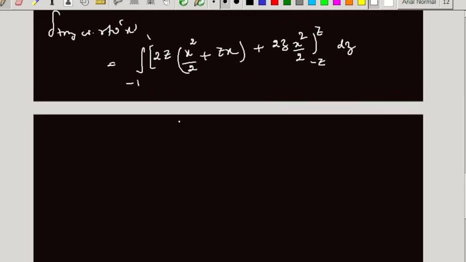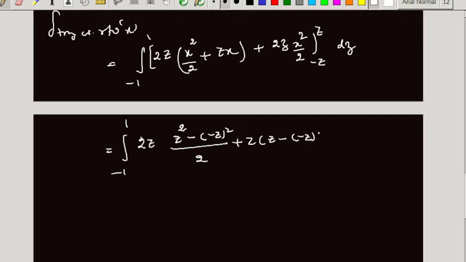Now if we apply the limits, integral from minus 1 to 1, 2 times z. Here we replace x as z. So here we get z square minus lower limit minus z whole square, dividing by 2, plus here z into x is upper limit z minus lower limit minus z.